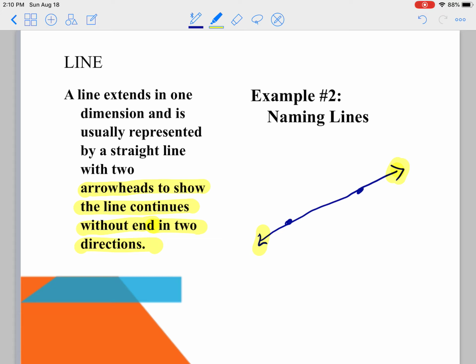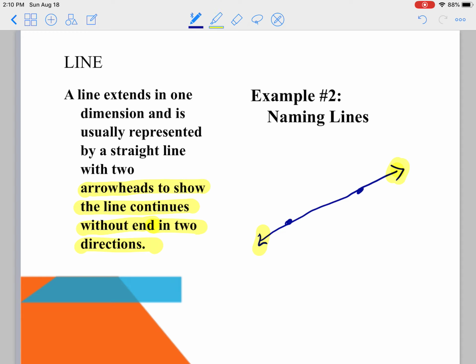Without the arrowheads, we have to make the conclusion that the line stops somewhere. With the arrowheads, we know that the line will go on forever and ever and ever in that direction. So make sure when you are diagramming or constructing a line that you include the arrowheads.